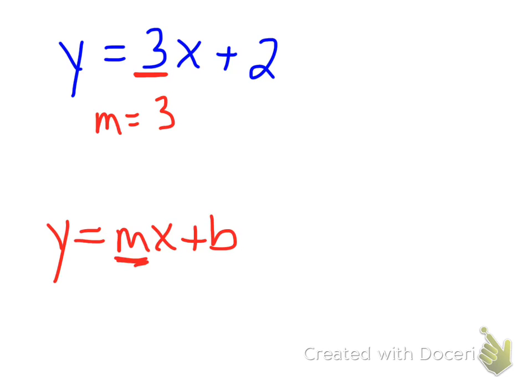Now remembering that a slope can be written as a slope triangle as change in y over change in x, I can always make the 3 into a fraction as 3 over 1. The y-intercept then, the b value, is what is being added to x. So my b value, or the y-intercept, is a positive 2.